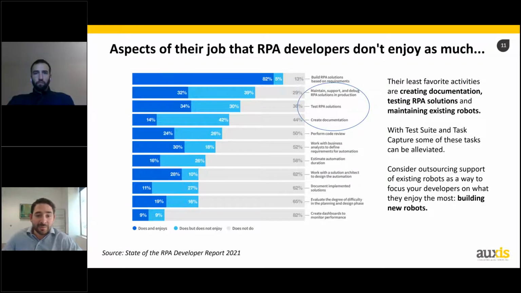And this is where Test Suite, Task Capture, and going into those areas can really lower the time being spent on those specific activities to really drive developer satisfaction and maintain those resources for a longer period of time, and drive a little bit more happiness within the job.